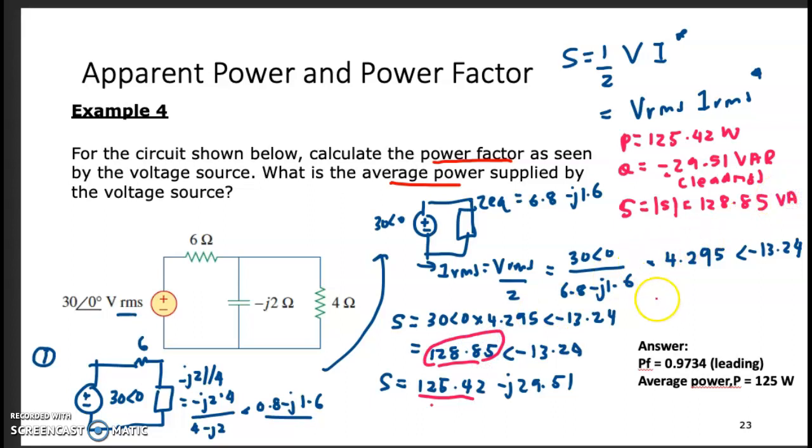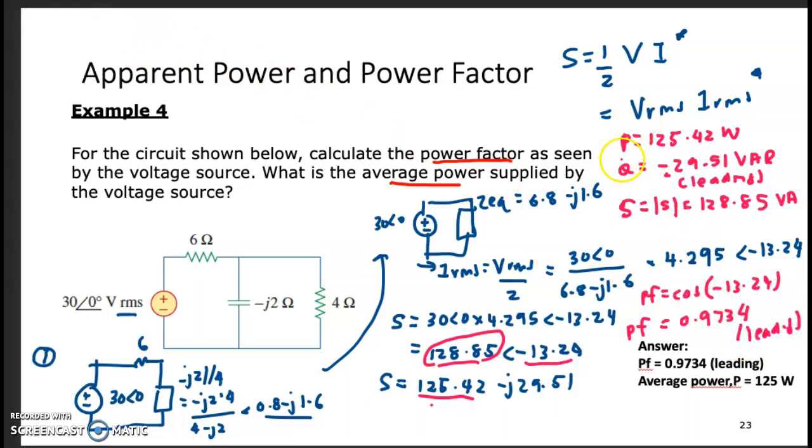Okay. Now last one, power factor. So power factor is the cosine of this angle, that is minus 13.24. So we can get here 0.9734. So if your power factor is positive, this means leading.